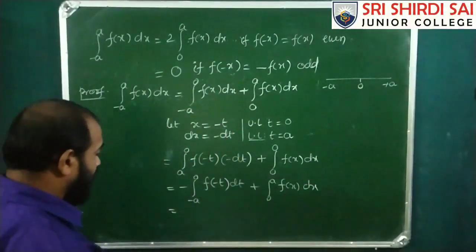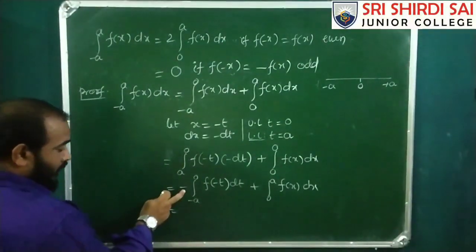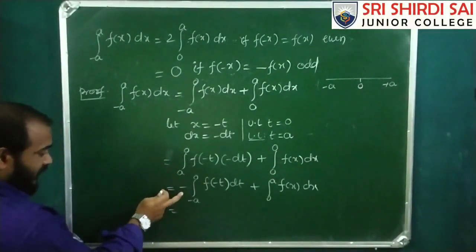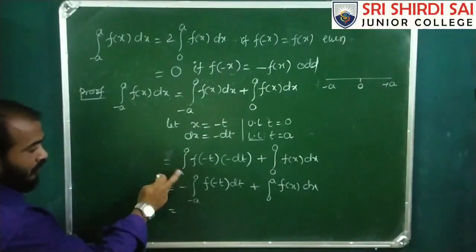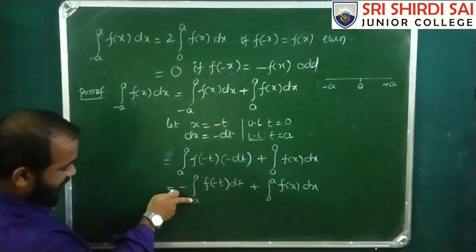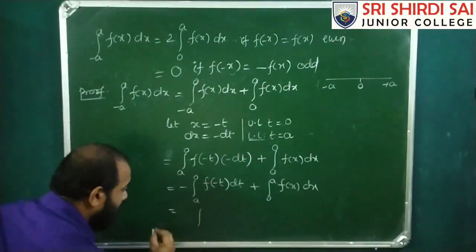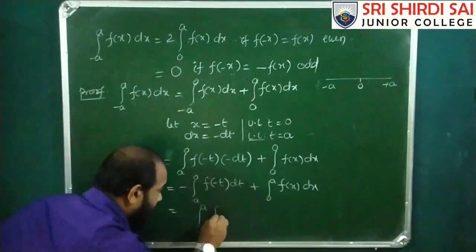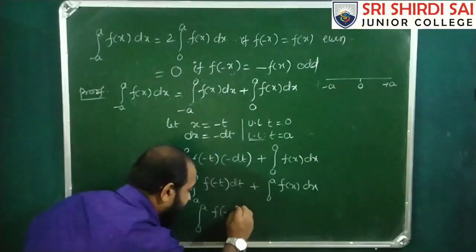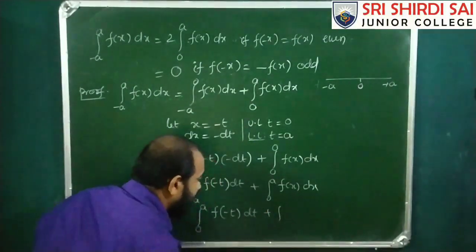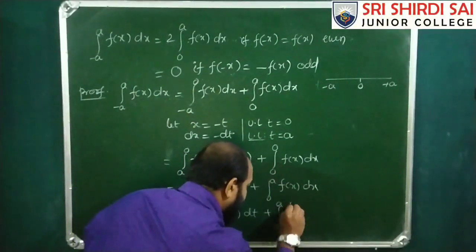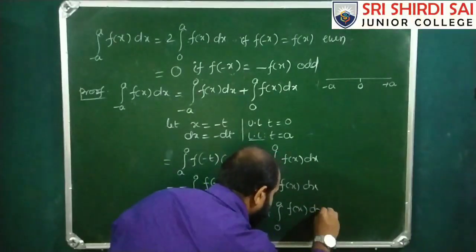Now if we cancel this minus, then we need to, sorry, this is plus a. Okay, so we need to interchange. That means 0 to a f(minus t) dt plus 0 to a f(x) dx.